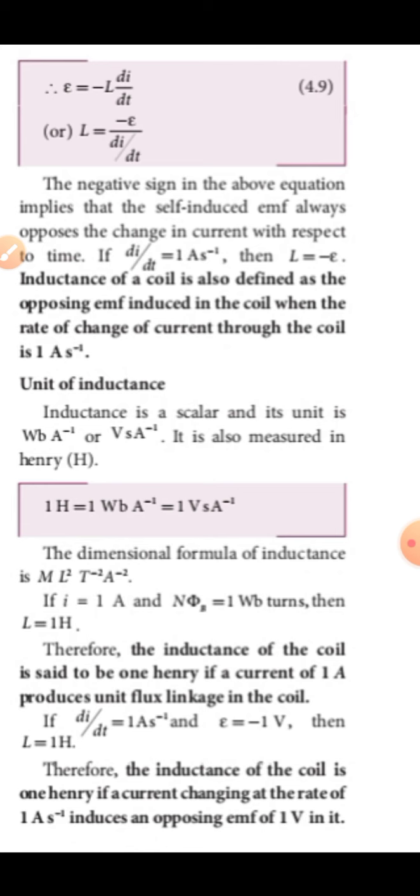Next, another definition of 1 Henry: the inductance of the coil is 1 Henry if a current changing at the rate of 1 ampere per second induces an opposing EMF of 1 volt in it. This is known as another definition of 1 Henry.